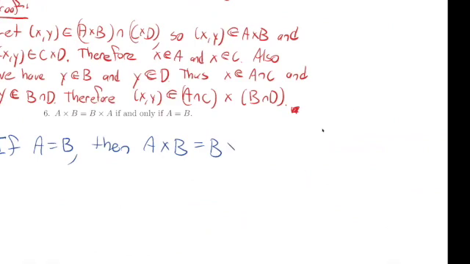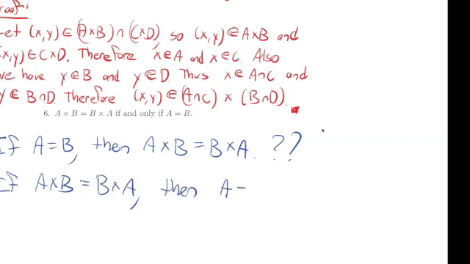So this is an if and only if. So you need to check, is this thing true? And if we flip it around, if this is equal to that, does that have to imply A is equal to B, right? Because this is a biconditional. So it's saying this thing implies that, and that thing has to imply that.